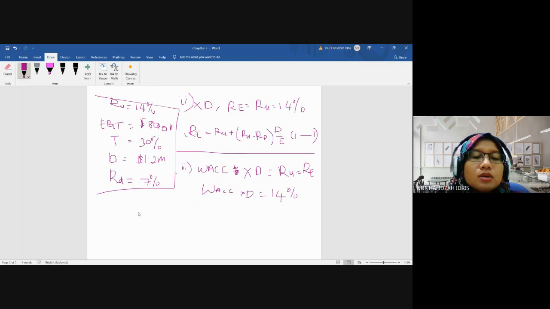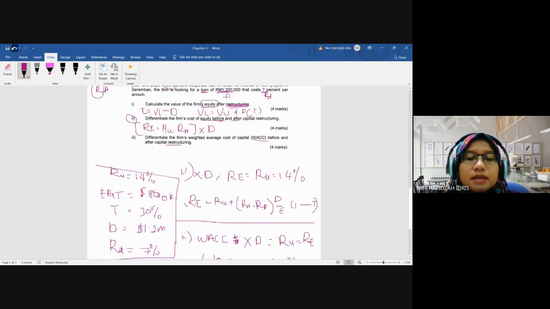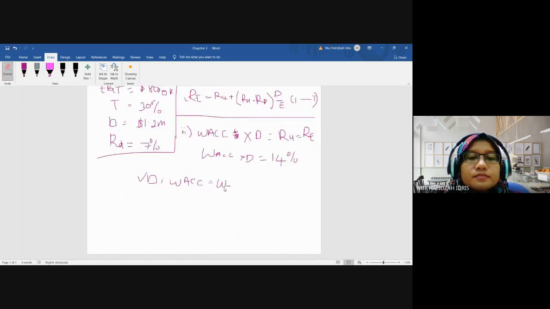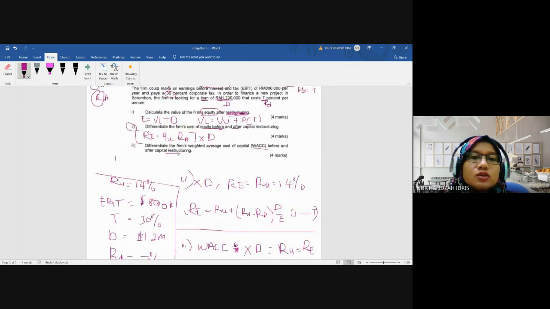Okay, kalau dia dah ada debt, with debt, you kena carilah WACC pakai formula ni. WE RE. Sekejap, yang ni takut you tak nampak sangat kan. Kita buat WE, actually is E per V, total equity yang you cari kat sini lah.